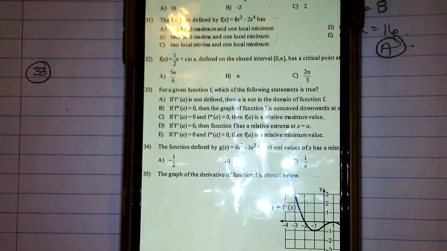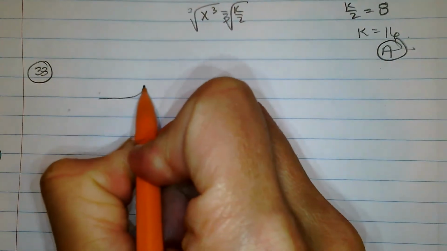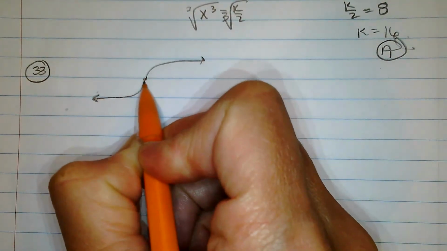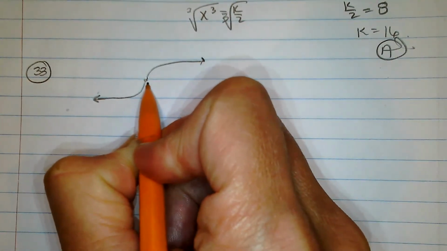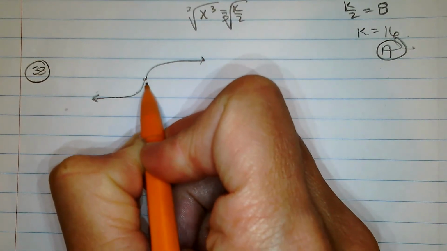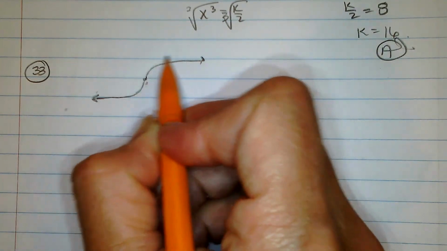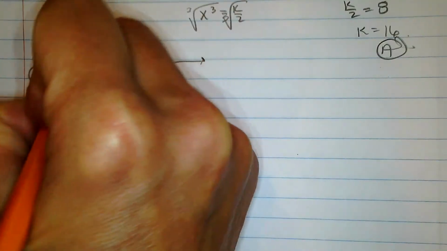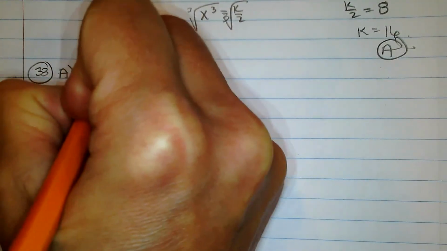That's not true. So something could not be defined. Think of something like this. If that moment has a slope that's not defined, yet that value is still in the domain of the function. So 33, A is false.